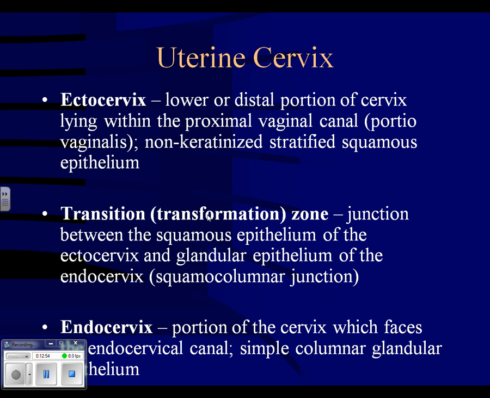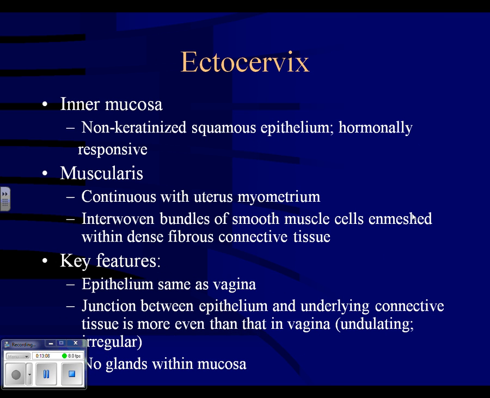The endocervix is the part of the cervix that faces the endocervical canal and is a simple columnar glandular epithelium. And this transformation zone does move with the course of one's life, and we'll talk a little bit more about that as we get into PAPs and interpreting PAPs. The mucosa of the ectocervix is non-keratinized squamous epithelium.